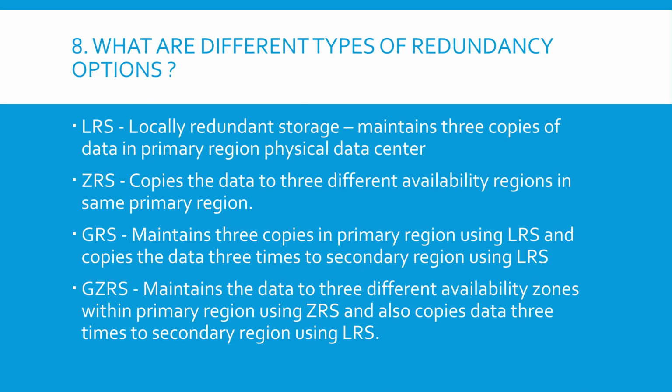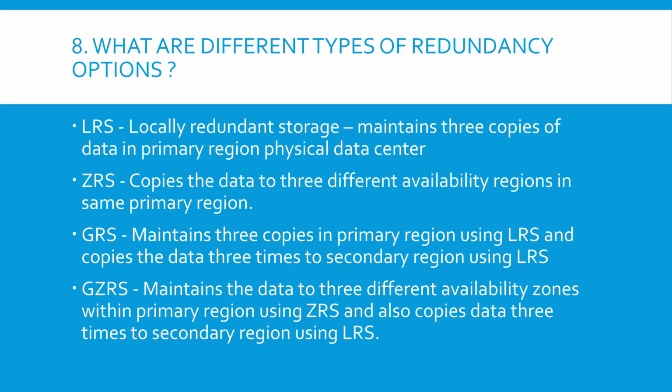Next, the most important question is, what are the different types of redundancy options? First of all, let's understand what redundancy is. Redundancy is nothing but having copies of data in different places. In Azure Storage Account, in the event of a data center failure or region failure, we should be able to retrieve the data from the secondary region.